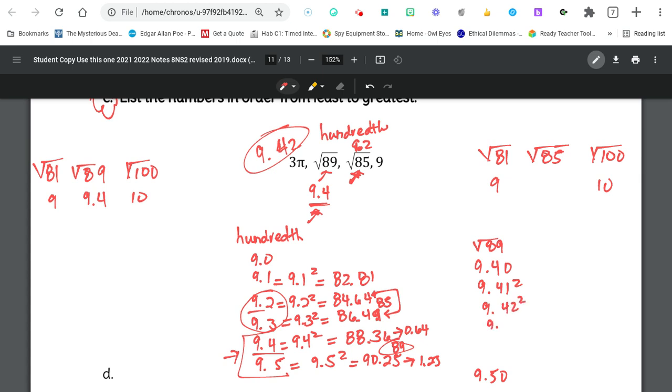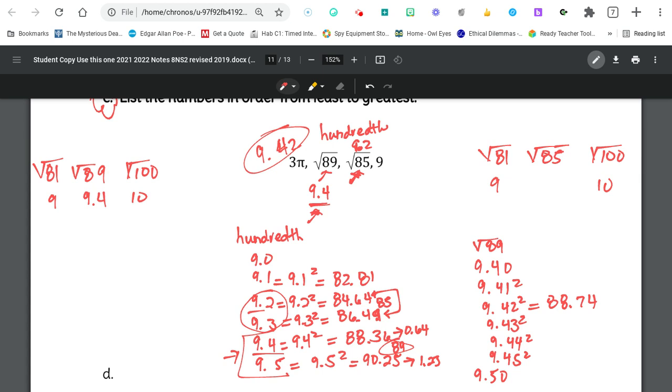Let me see if it's under or over. Let me check 9.42 squared. 9.42 squared is 88.74 if I round it.